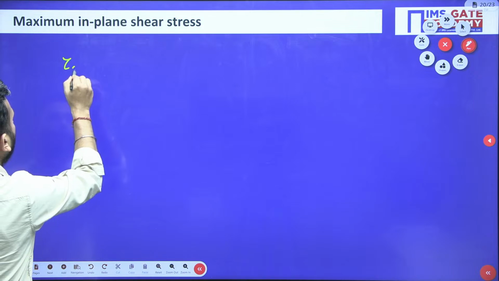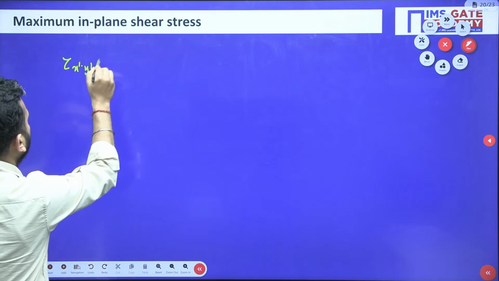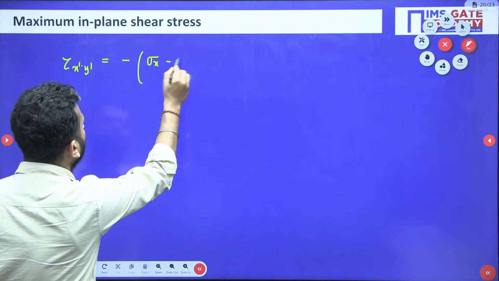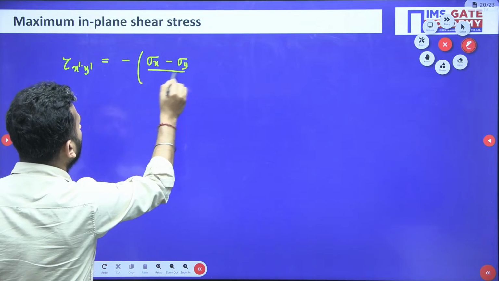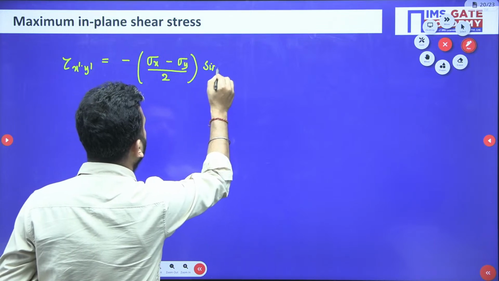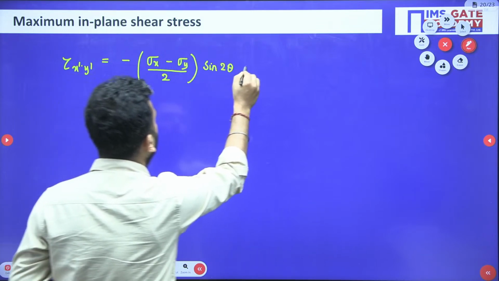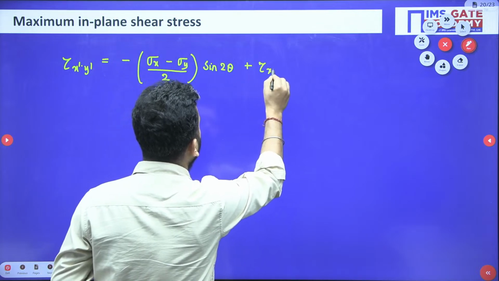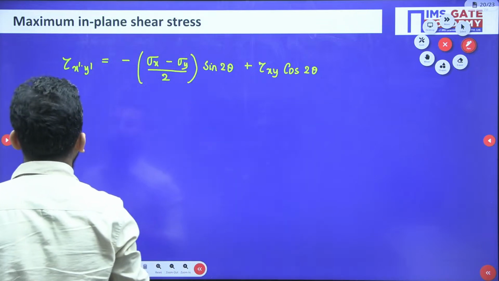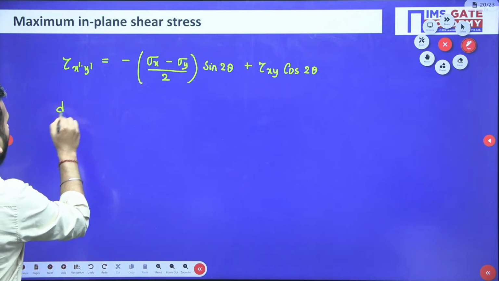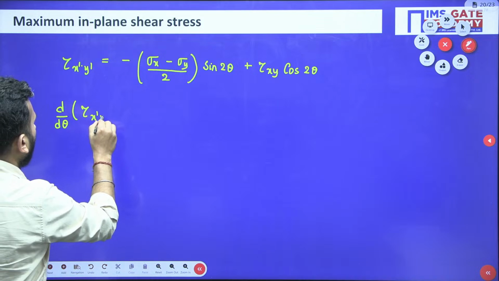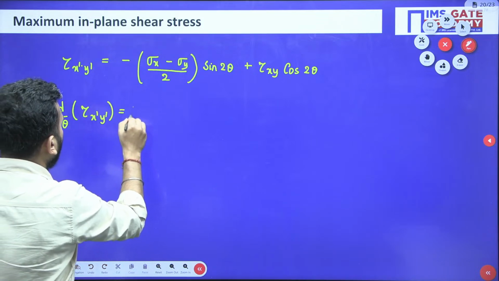I will write the equation of x dash y dash, and I will simply substitute for maximum or minimum. I will differentiate with respect to theta.